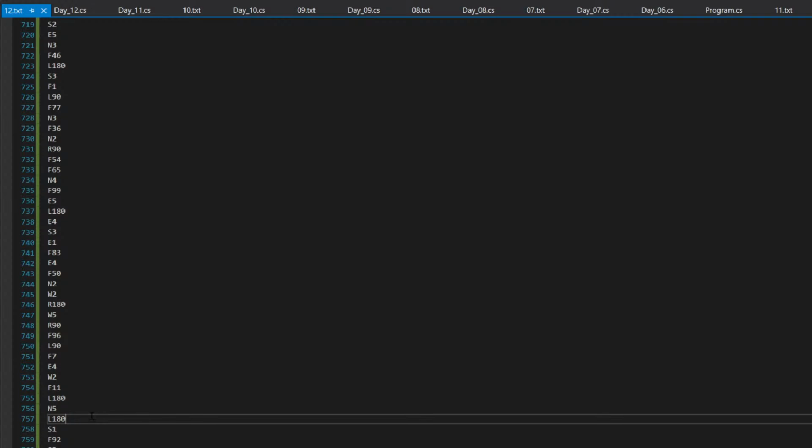Since we were moving in 90-degree increments, we would always move to an exact position. We would need something like moving 1 degree or whatever.